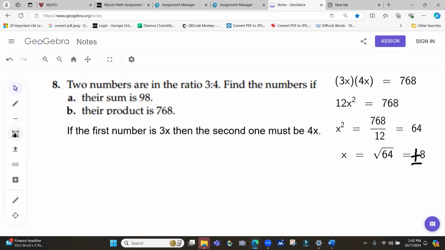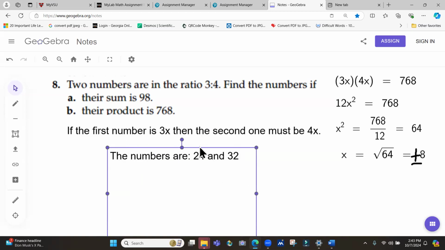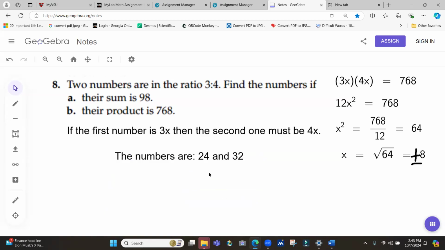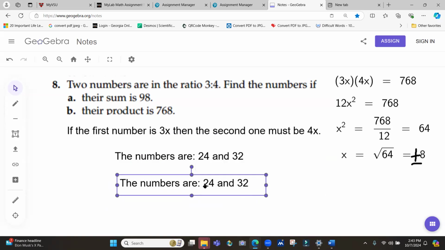So your numbers are 8 times 3, which is 24, and 32, or, and you have to take into account the negative values, negative 24 and negative 32. Just going to write or here.